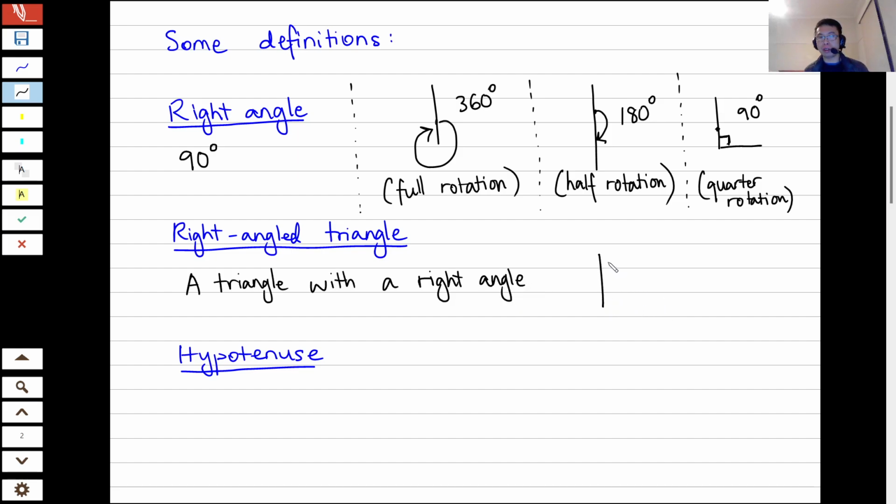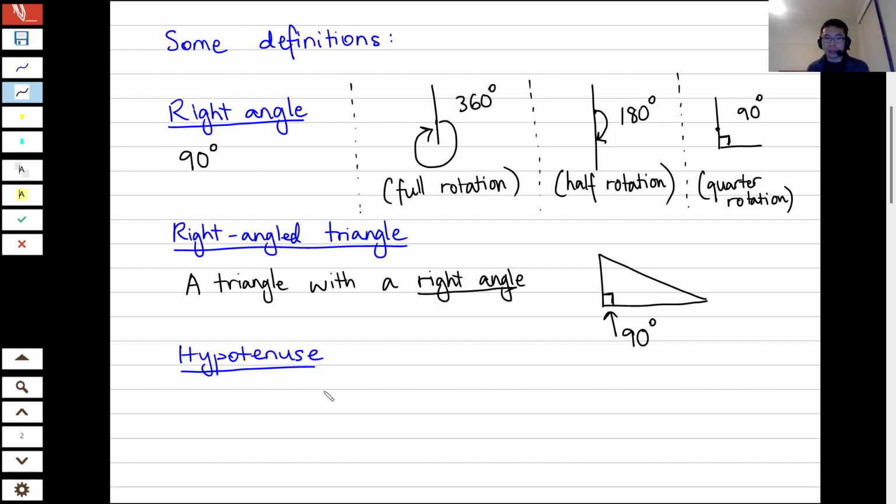Remember, in a triangle, the angles add up to 180 degrees, but one of them is going to be a right angle, so one of them is going to be 90 degrees. The 90-degree angle is represented by that little square there. Wherever you see a little square where two sides meet, that means it's a right angle and it's 90 degrees. And if you know something's a right angle in a triangle, then we can use all the techniques we're going to develop in this topic.